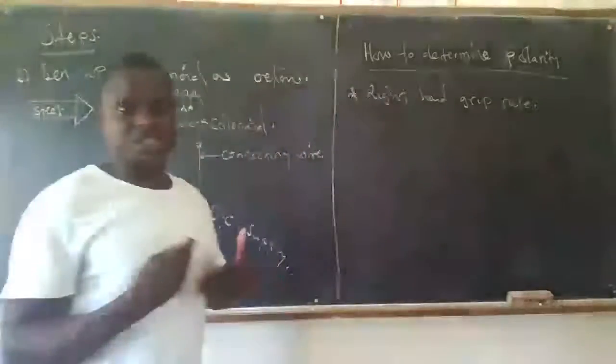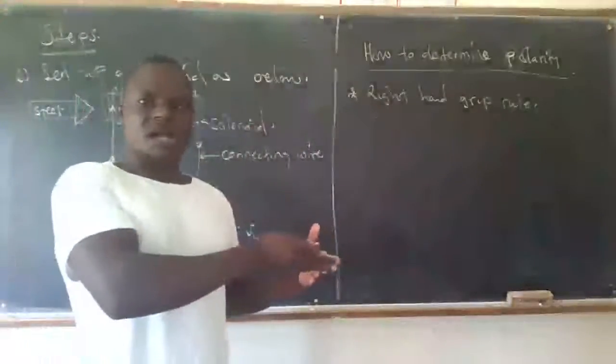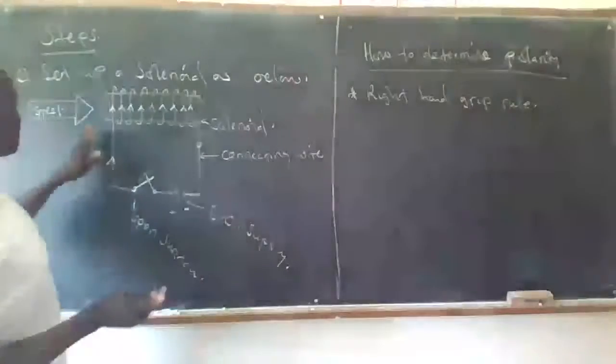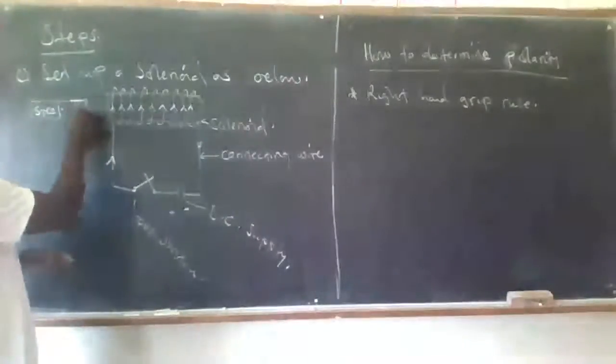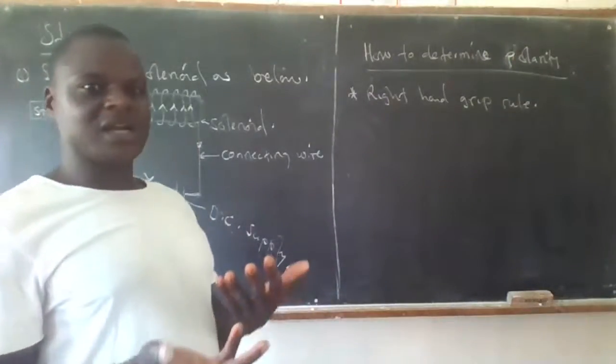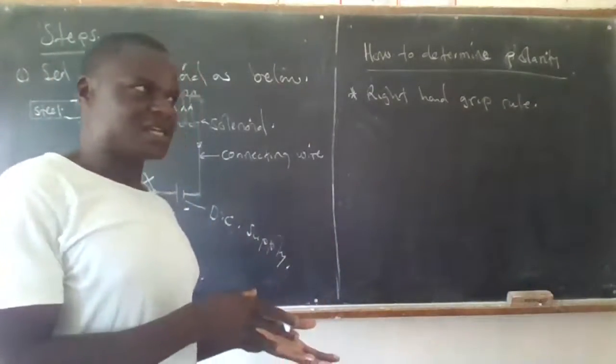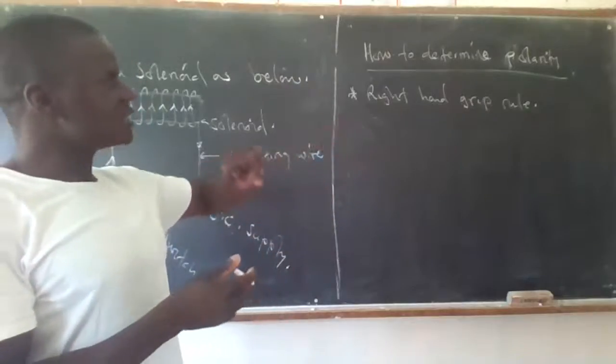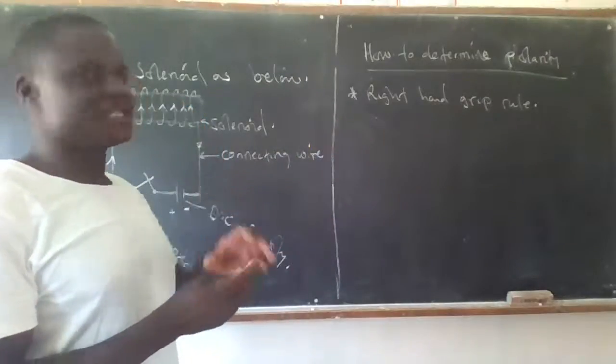That is the method we use to determine which end will be the North Pole and which will be the South Pole. Initially it was just a magnetic material like that, and we do not know which end will be the North Pole and which will be the South Pole. So what we use is the right hand grip rule.